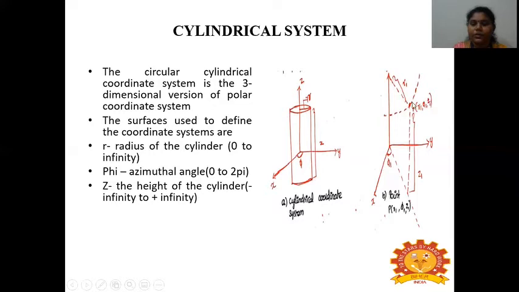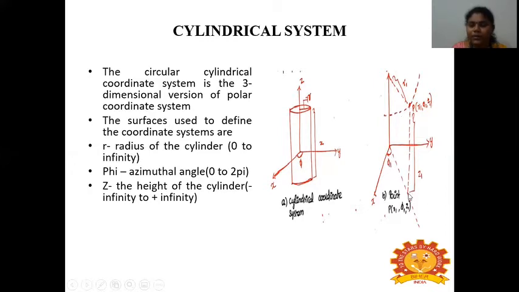Now if we are going to plot a point P, that is P(r, phi, z). If we consider the point P here, then from the z axis we calculate the radius. We calculate the radius from the origin axis, that is the z axis. So this gives the radius of the cylinder. If we take the projection of the point P and join it, the angle it makes with the x axis gives phi, called the azimuthal angle.